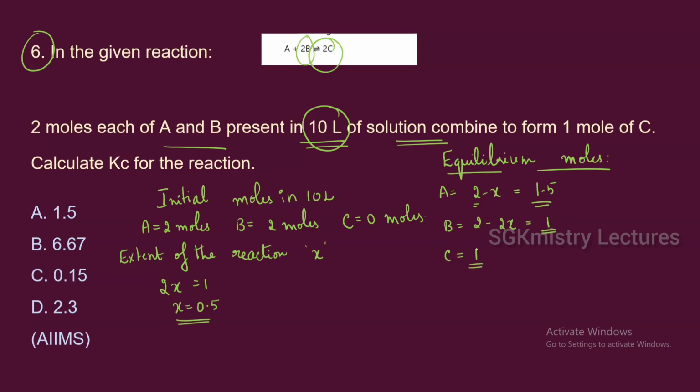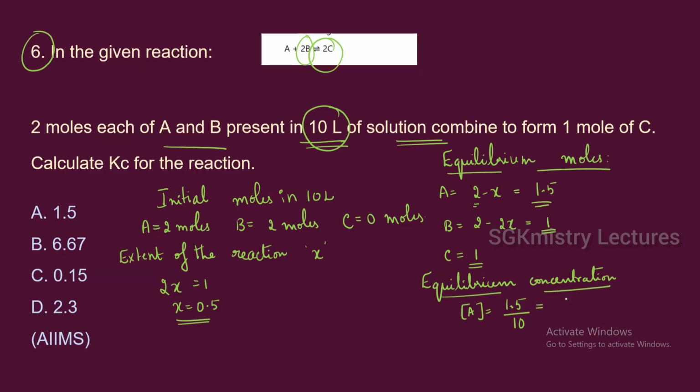So now, let us talk about equilibrium concentration. For A, how do we find out the concentration? The number of moles we have is 1.5 divided by 10. The total volume of the solution that was taken is 10 liters. So number of moles divided by the volume of the solution will give you the concentration.